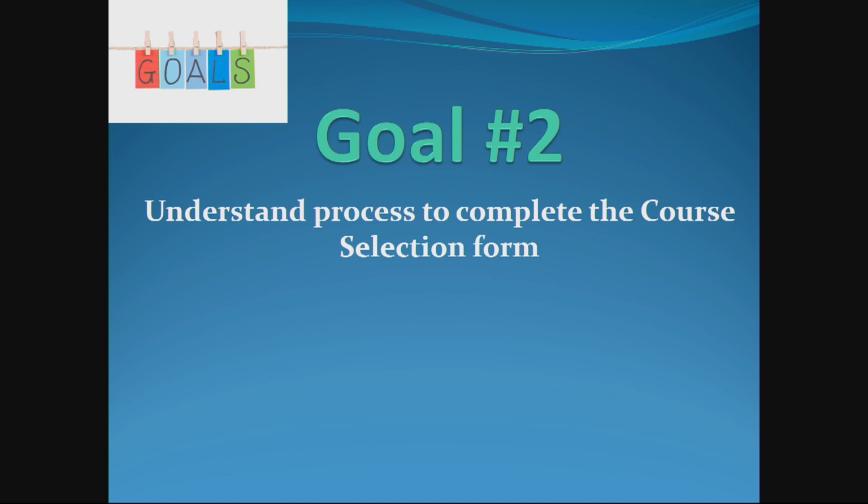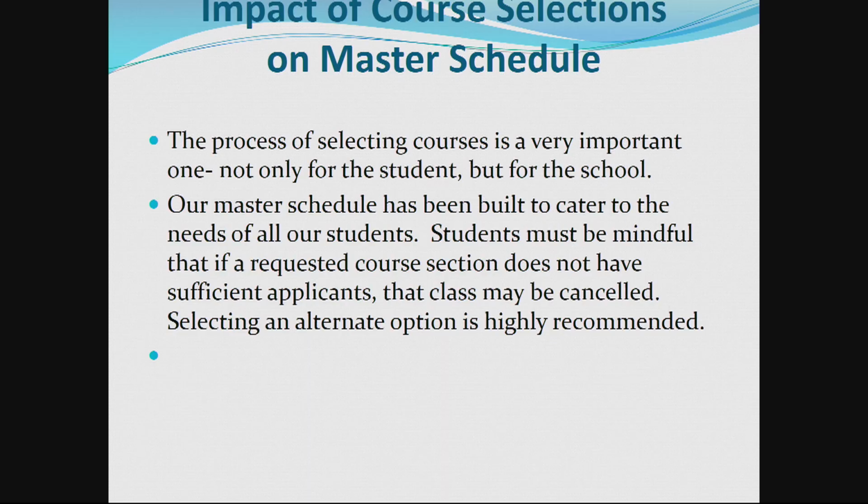The next slide, we will understand the process to complete the course selection form. Now that we've reviewed the Eastham graduation requirements, let's review the process by which students request classes. On slide 6, we will look at the impact of course selections on the master schedule.